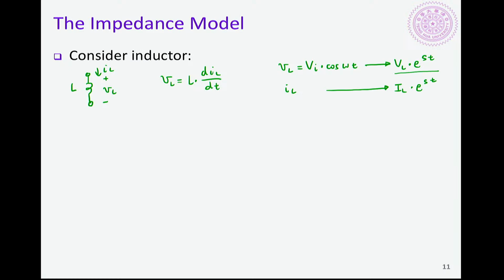So the complex voltage across the inductor is equal to capital VL times exponential ST. The current is equal to IL times exponential ST. And then we put it back in this equation. So VL exponential ST is equal to L times the differentiation of IL. So that we have VL divided by IL is equal to S times L.